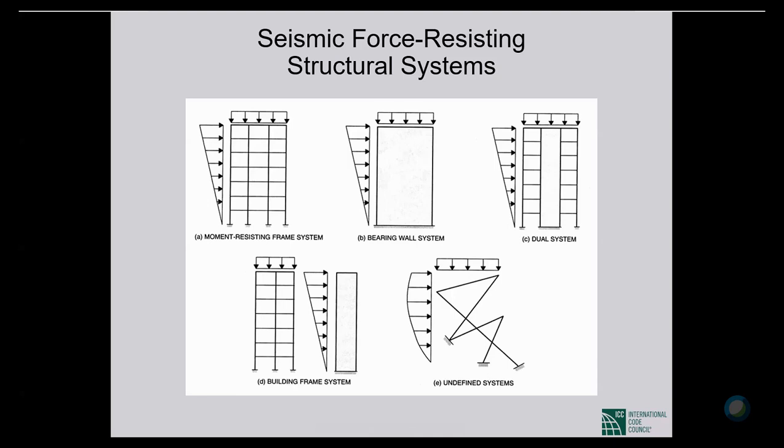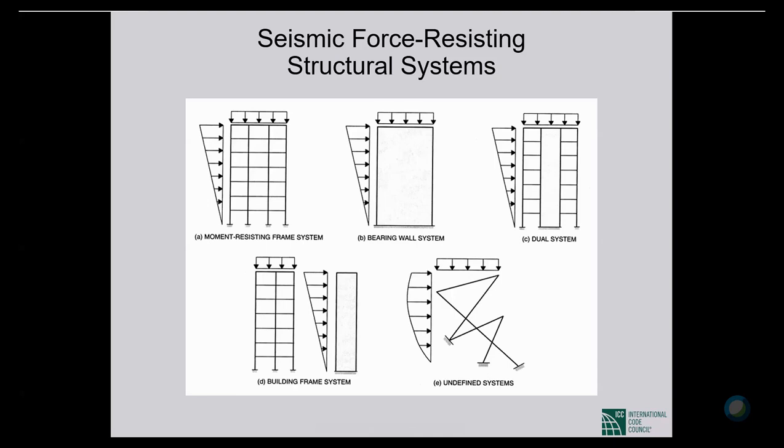So the frames, independently of the shear walls, must be designed to resist 1/4 of the design lateral forces. This is the concept of the backup frame that has been with us since the San Fernando earthquake. The idea is, if something should happen to the shear walls in an earthquake, the frames should still be standing up, carrying gravity loads for us.